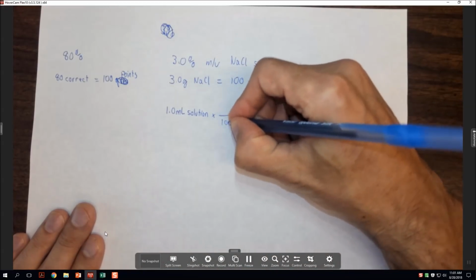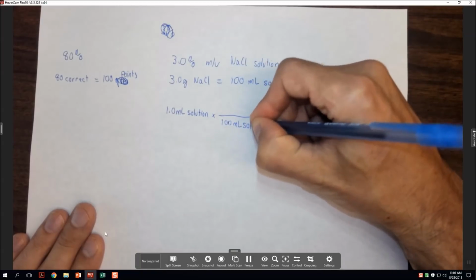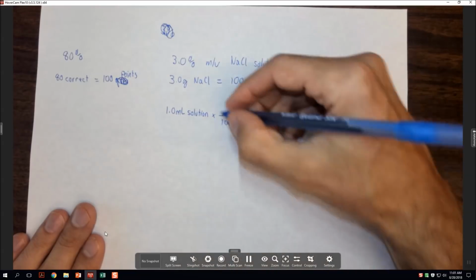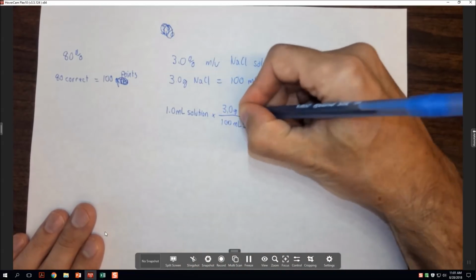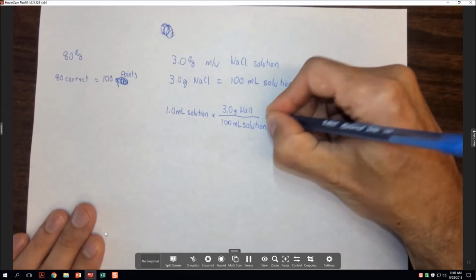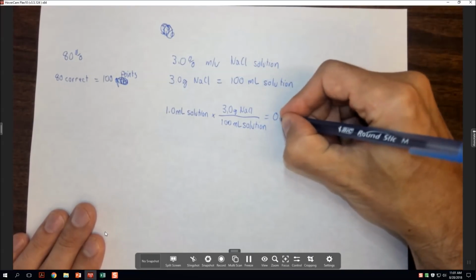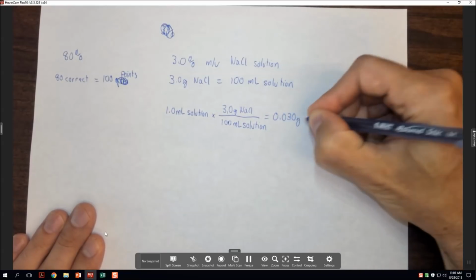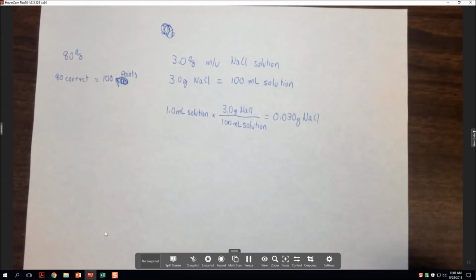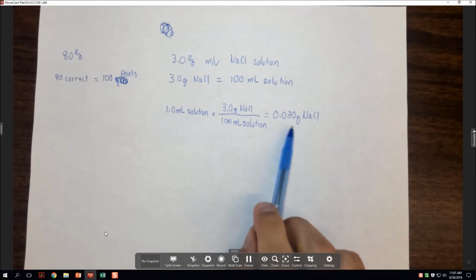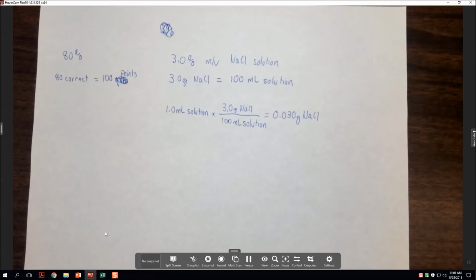In this case, 100 milliliters of solution, because we want the milliliters of solution unit to cancel out. And on top, 3.0 grams of NaCl. And when you do this math, you find that there are 0.030 grams of NaCl in 1 milliliter of this 3% solution. Note that this is very little. This is 30 milligrams. And this is going to cause a huge experimental error.